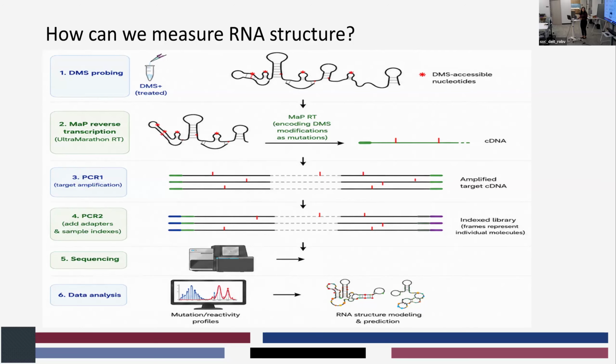So how do they measure RNA structure? The method they use is called DMS-MaP chemical probing. First, cells are treated with a chemical called dimethyl sulfate. This dimethyl sulfate acts like a marker. It binds to specific nucleotides that are accessible, and adds a methyl group to these nucleotides.